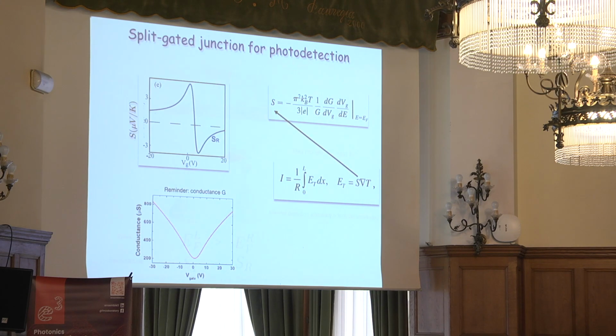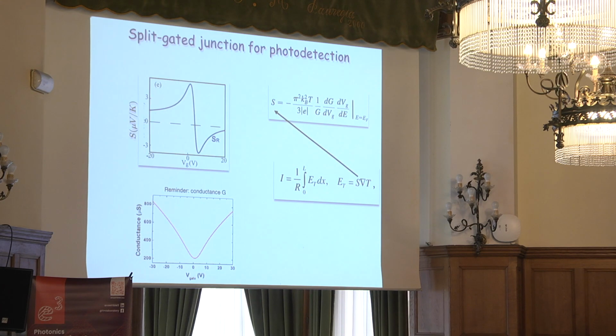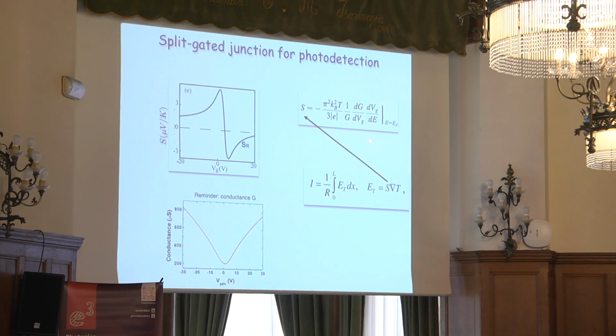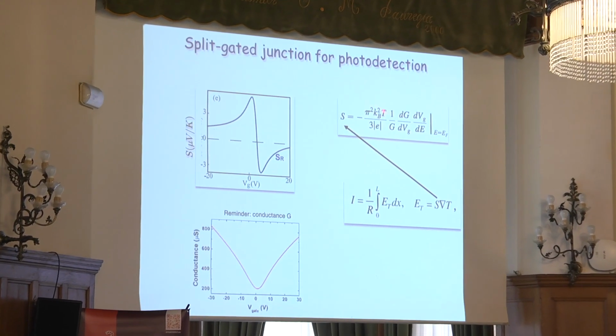This Seebeck coefficient in graphene has a specific form, and you can calculate it with what is called the Mott equation. This is actually a generic equation that you can apply to any material. It has some prefactors.